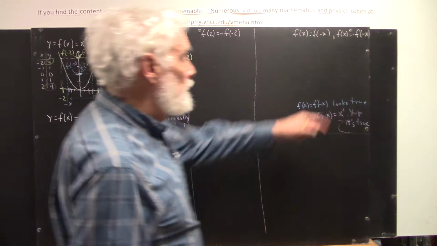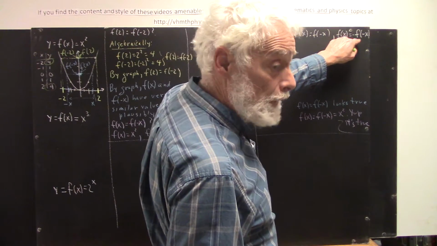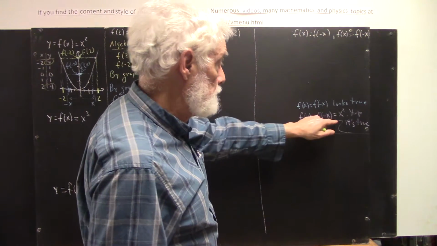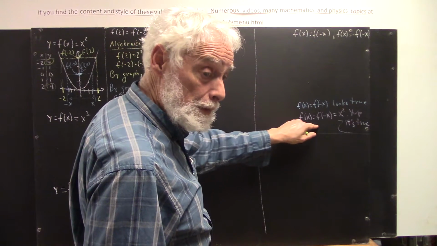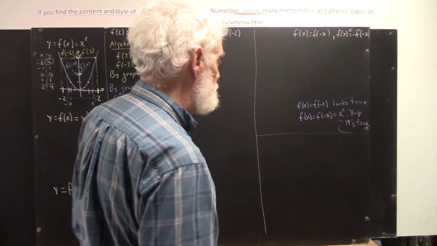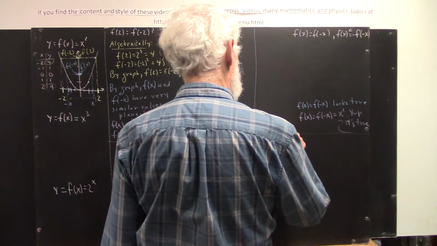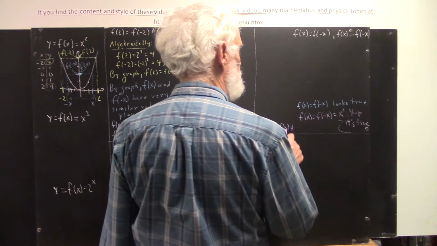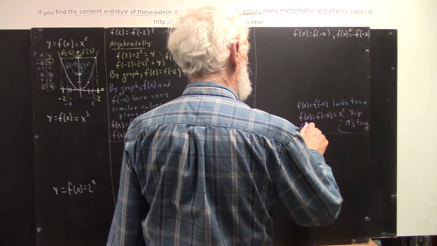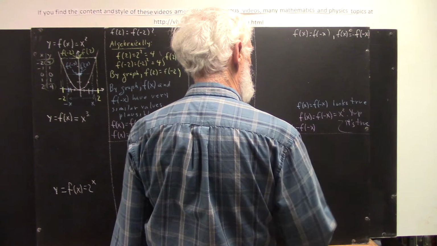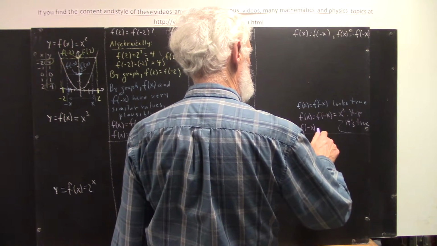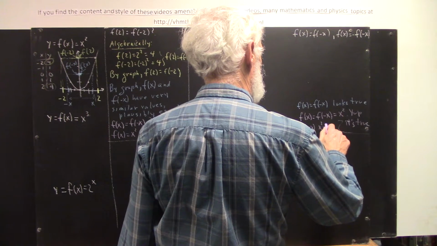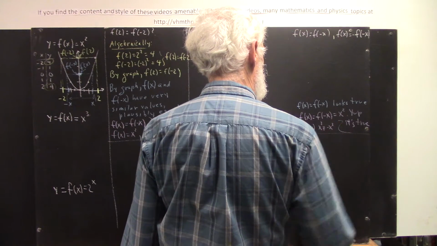And of course, f of x then does not equal negative f of negative x, because the negative of f of negative x would be negative x squared. That would not be equal to f of x. So I could also say f of x is not equal to negative f of negative x. x squared is not equal to negative x squared.